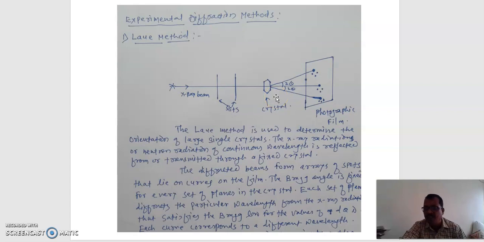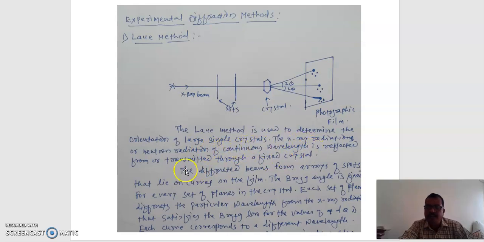These are the two methods. In one method, the photographic film is placed in between crystal and source, and in another method, the film is placed beyond the crystal. The Laue method is used to determine the orientation of large single crystals.